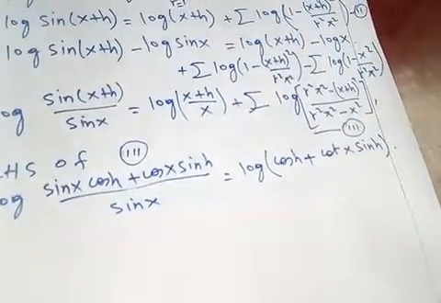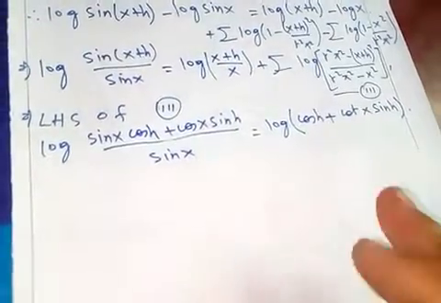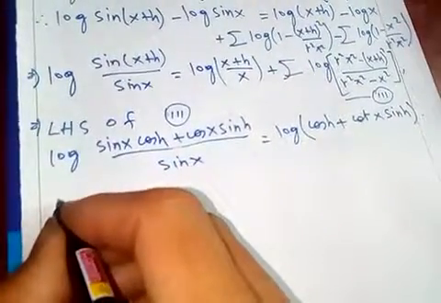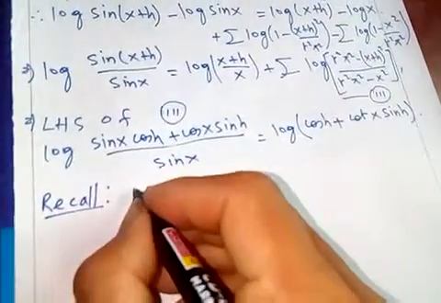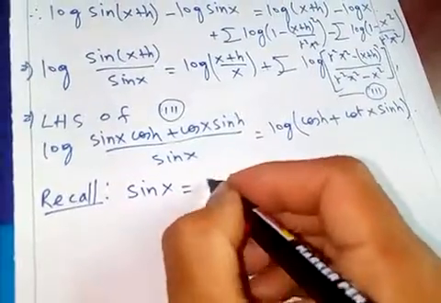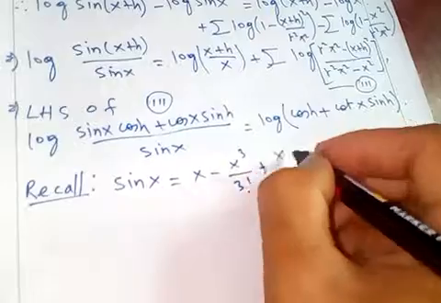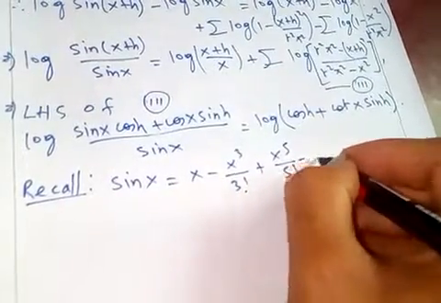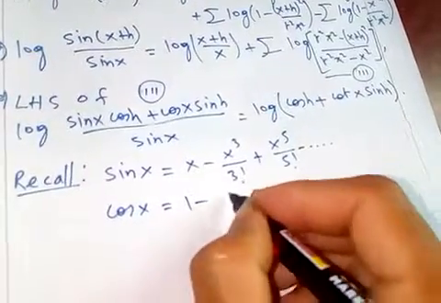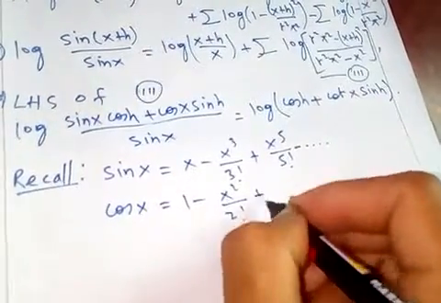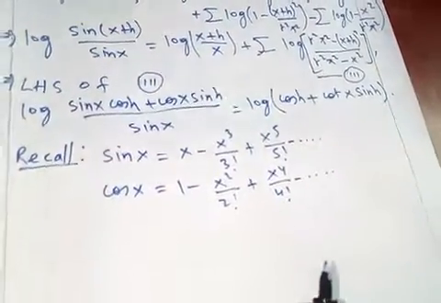Here we need the sine and cosine expansions. Sine of x is x minus x cubed by 3 factorial plus x to the 5 by 5 factorial minus and so on. The cosine series is 1 minus x squared by 2 factorial plus x to the 4 by 4 factorial minus and so on. Keep this in mind.